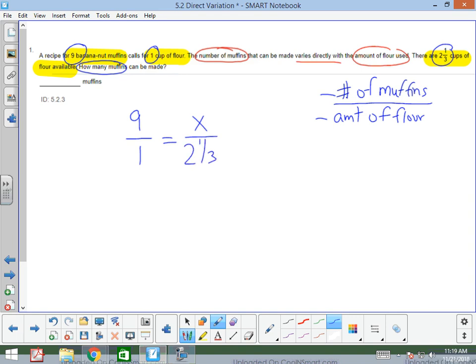This is basically our proportion. We've already solved these before. Cross multiply, and I would definitely use my calculator. So x equals 9 times 2 1/3, which is 21 muffins. So 21 goes right there.